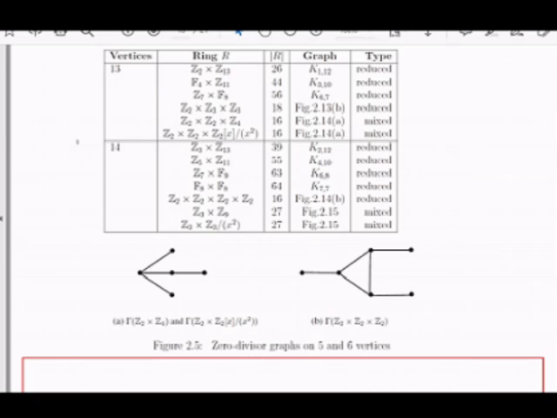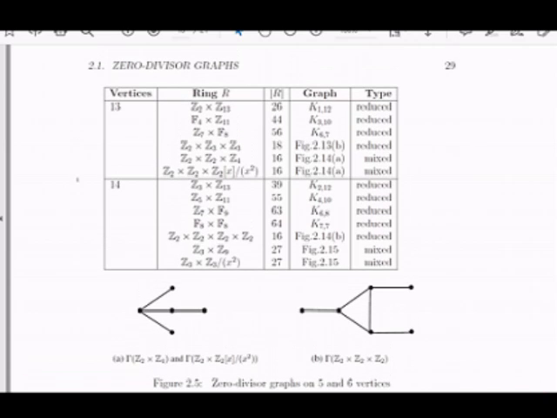For this kind of graph, yes, I do have rings where the zero divisor graph gives me this. And the same thing for 6: 1, 2, 3, 4, 5, 6. Okay? Here I have. Anyway, so you get the idea what they did. And these stop, as I told you, up to 14.